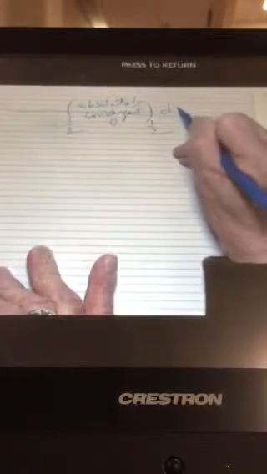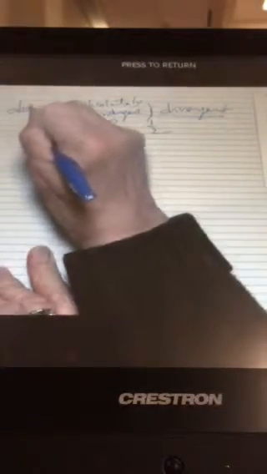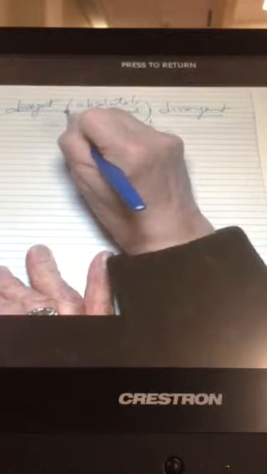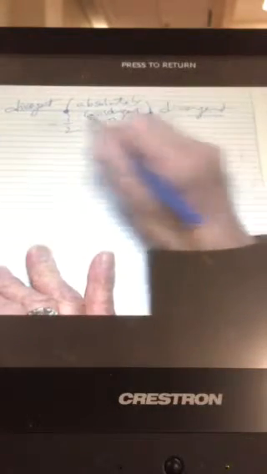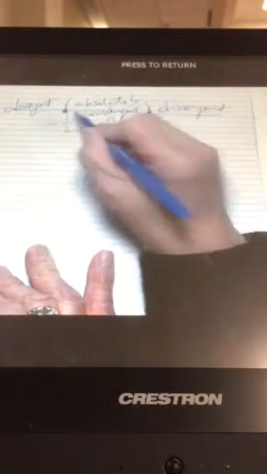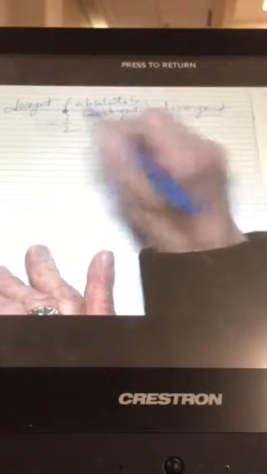I know it is divergent outside this. But there are 2 points I don't know: this one and this one. Those are end points of this interval. I do not know what happened at these 2 end points.